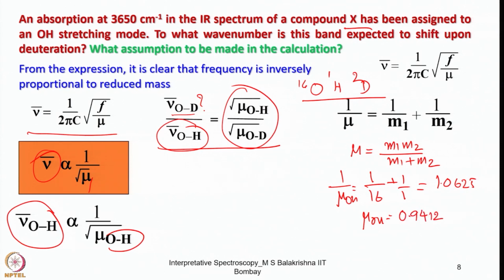Similarly, we can calculate mu OD. 1 by mu OD equals 1 by 16 plus 1 by 2, which gives 0.5625. So mu OD comes around 1.7778. You can do this calculation. Now we put in the values.